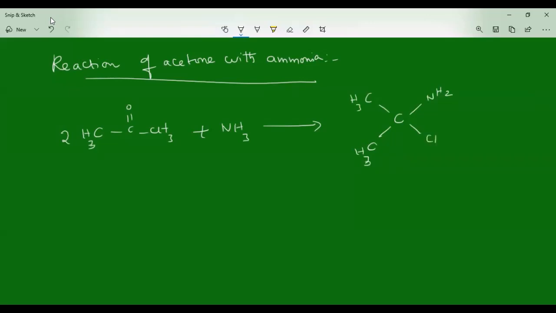After the reaction, it becomes CH2COCH3. Okay. So this addition compound is known as diacetone ammonia.